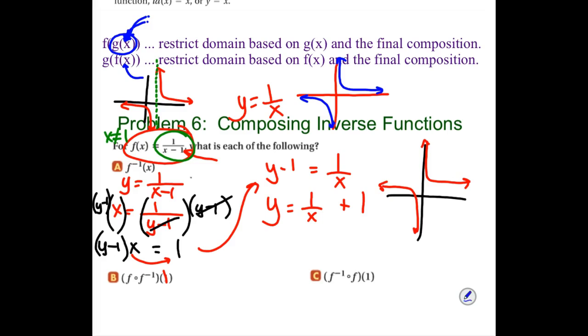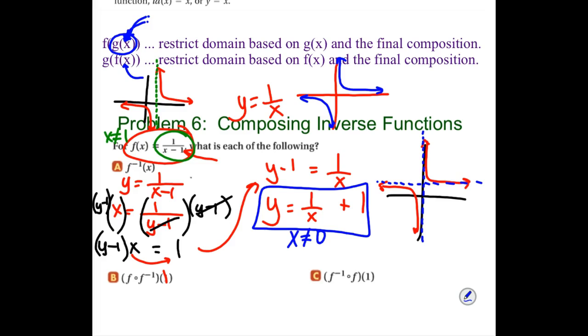And now I have what we call a horizontal asymptote at 1. My vertical asymptote would still be here at 0. So looking at this, what domain restrictions do I have? So my original function had a domain restriction of 1. My inverse has a domain restriction of 0.